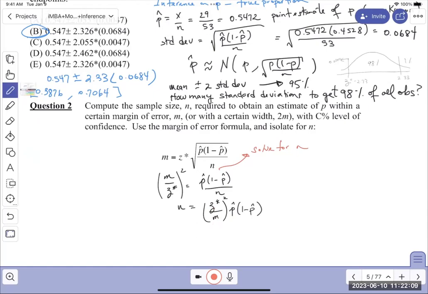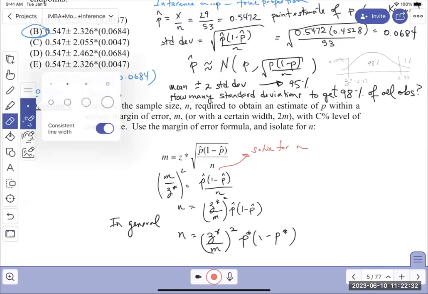But what would be the P? So I'm going to put a star on it, a lot of stars. It's a different star than the Z star.